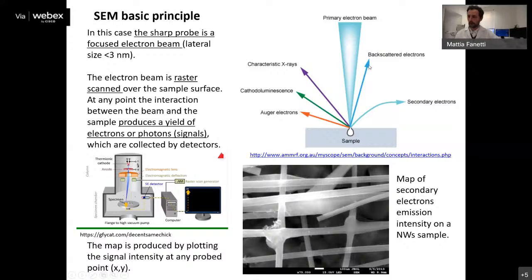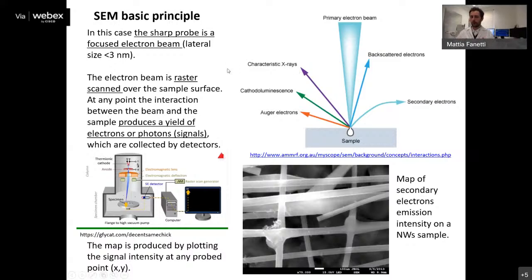Both electrons, secondary electrons, backscattered electrons, also Auger electrons, and also some photons, some electromagnetic radiation. Typically, we divide them into visible light photons, so cathodoluminescence, and X-rays, depending on the energy.